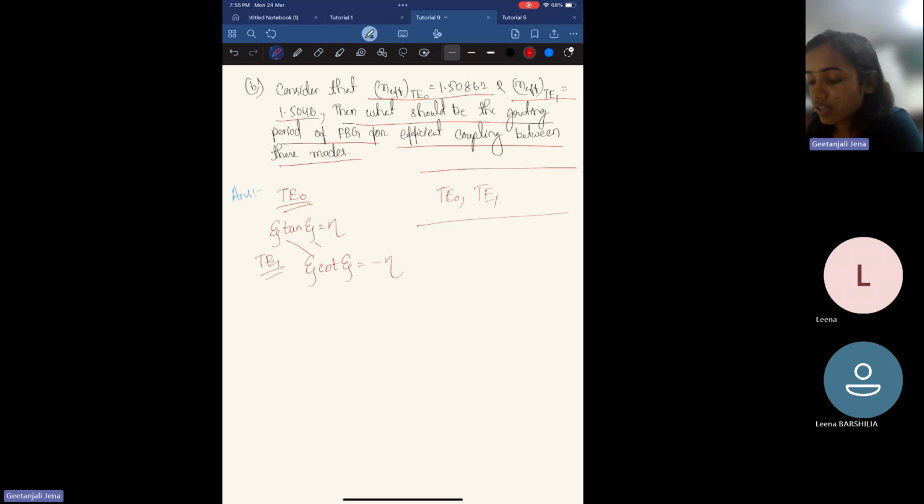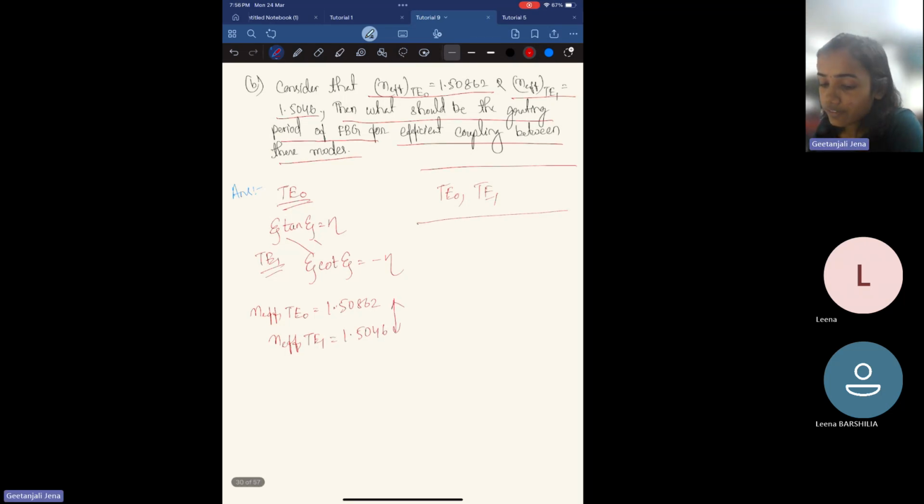By solving these transcendental equations, you can find N effective. But in our problem, N effective for T0 is already given as 1.50862 and N effective for T1 is given as 1.5046.